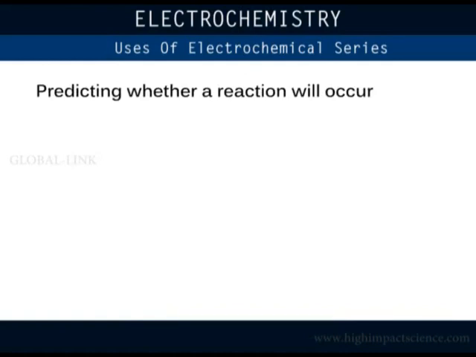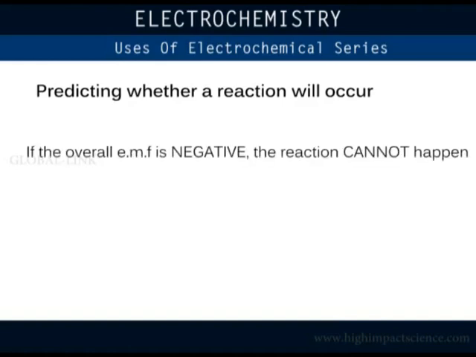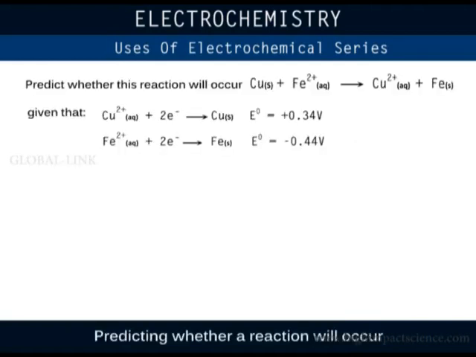The standard electrode potentials can also be used to predict whether or not a reaction will occur. And it's simple. If the overall standard electrode potential of the cell is negative, the reaction will not happen. For example, predict whether this reaction will occur.